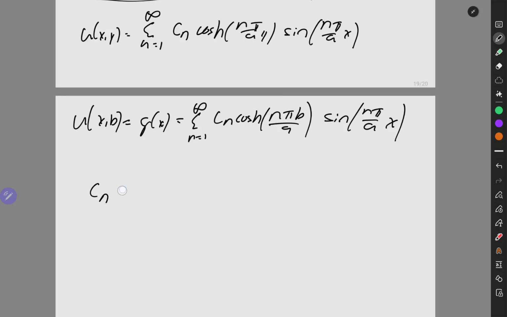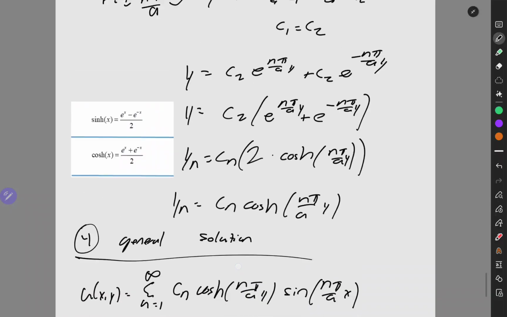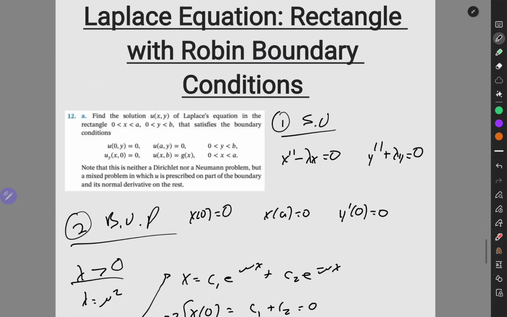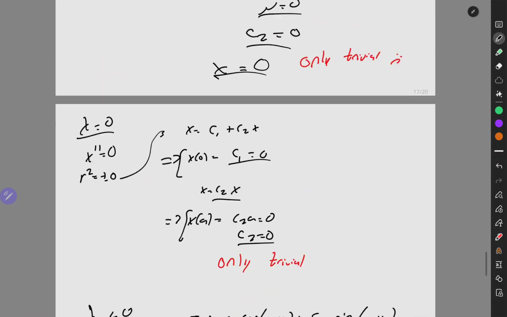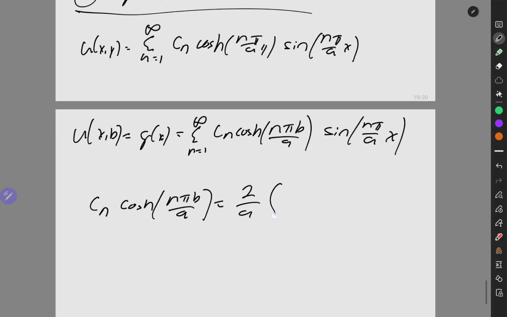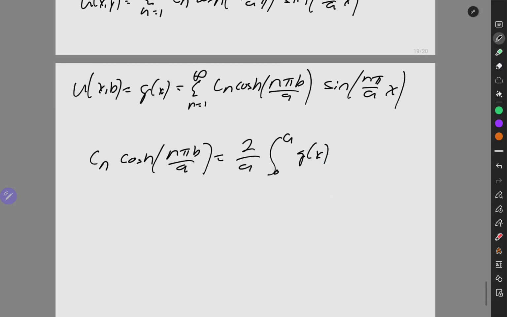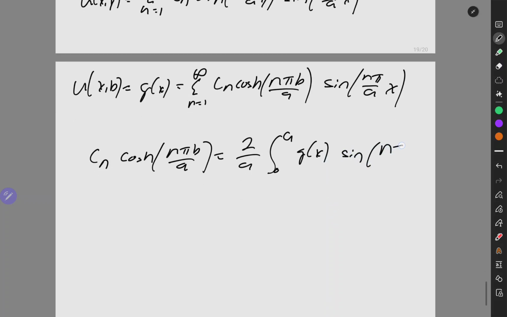That's going to be 2 over a, I could be wrong on this. Yeah, it's from 0 to a. Okay. 2 over a, integral 0 to a, g of x, sine n pi over a times x.